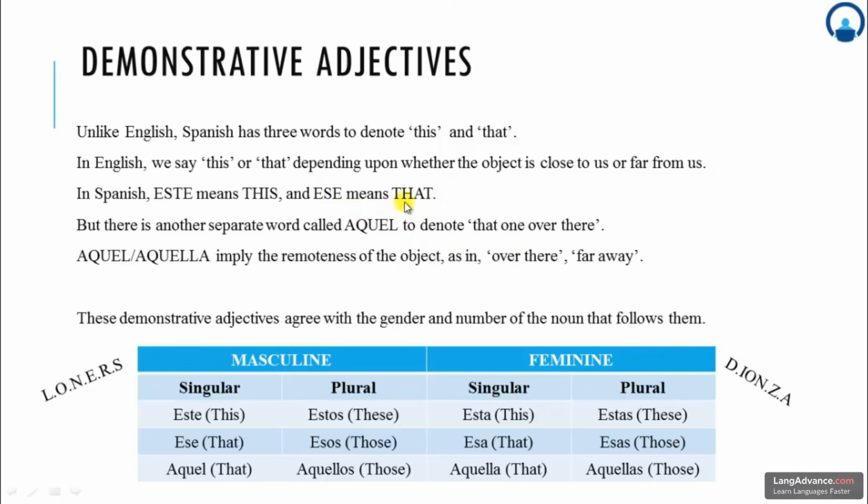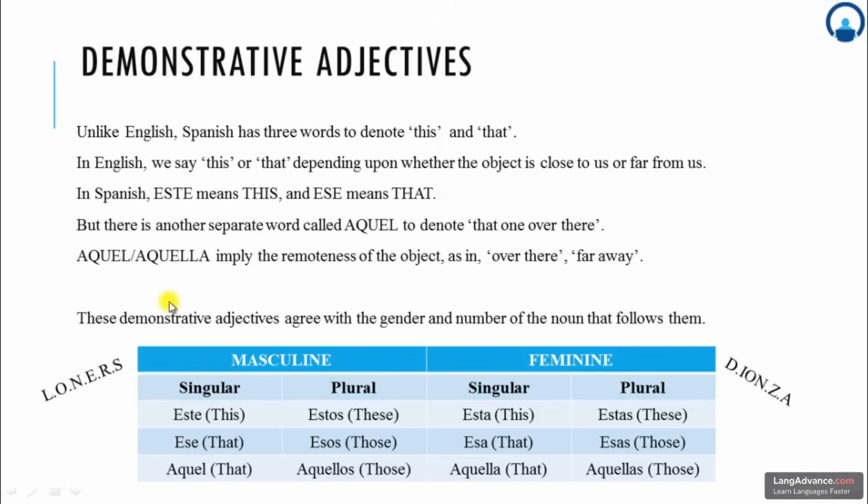Ese means that which is a bit far from us, and aquel means that one over there which is more far away from us. Aquel and aquella imply the remoteness of the object, as in over there or far away from us. Again we have got the rules for gender and the number of the noun, that is singular or plural.